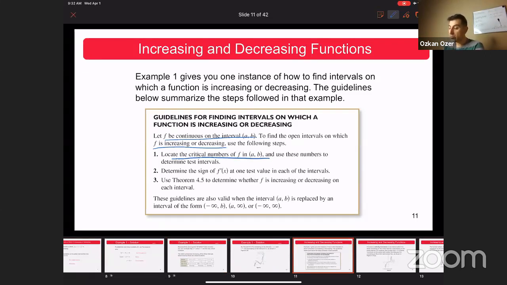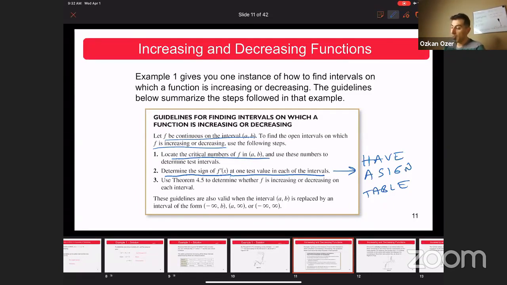And then you're going to determine the sign of f prime at one test value in each of the intervals. You should take this as having a sign table, like the one I had, or the one the slide had. Have a sign table by placing the critical numbers in it. And then choose your test points from each subinterval and determine the sign of f prime based on that.